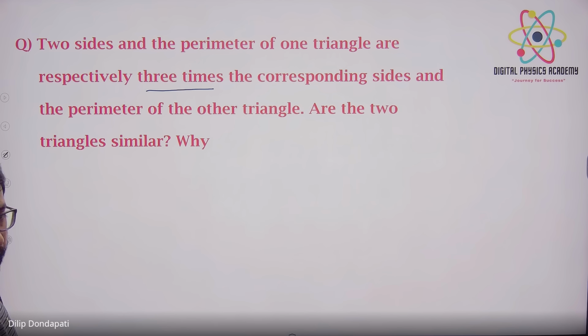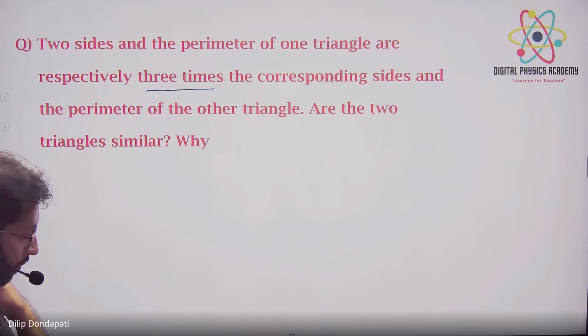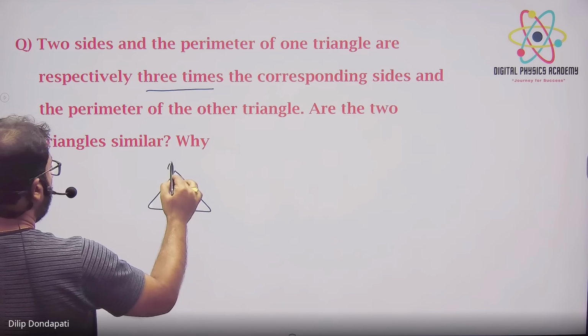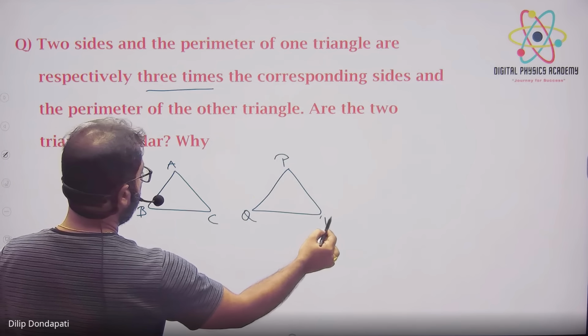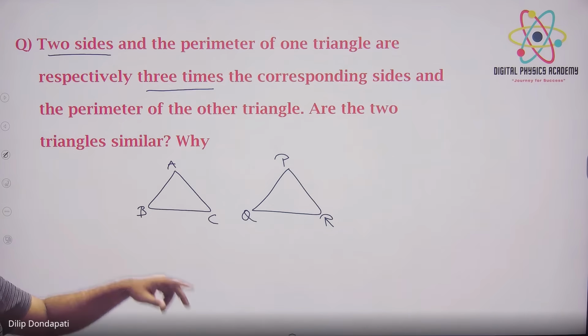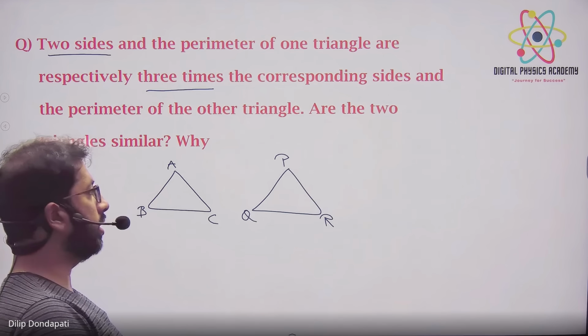Second, draw the two triangles: A, B, C and P, Q, R. Two sides and the perimeter of one triangle are 3 times the corresponding sides and perimeter of the other triangle. In that condition, whether they are similar or not.